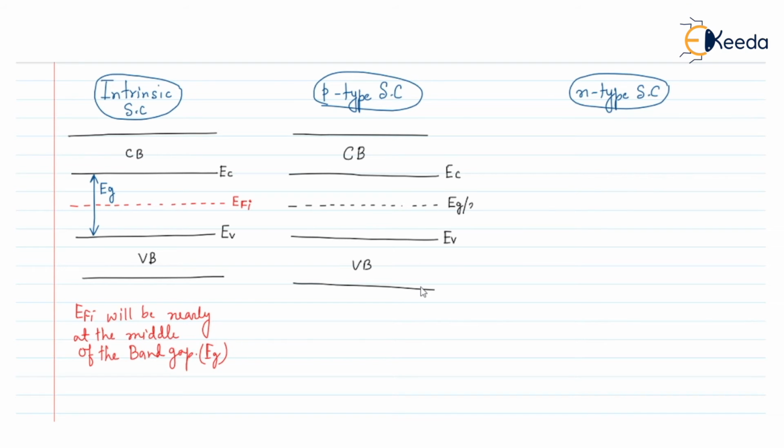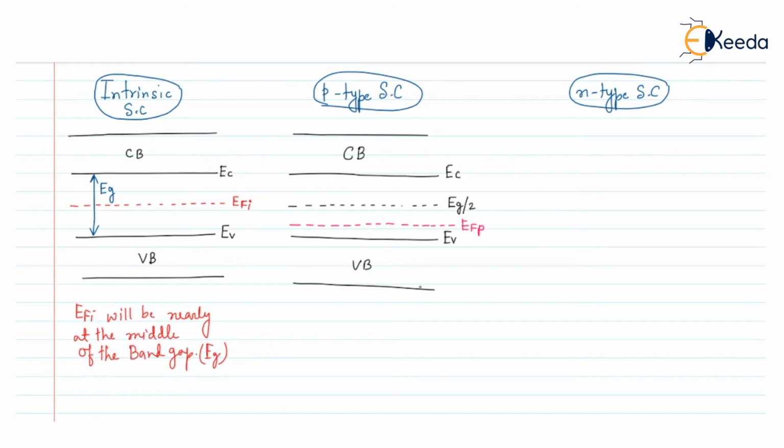The middle of the band gap can be defined by Eg by 2. In this case, the Fermi level of the p-type semiconductor will be near to the valence band. So this is the Fermi level of the p-type semiconductor.